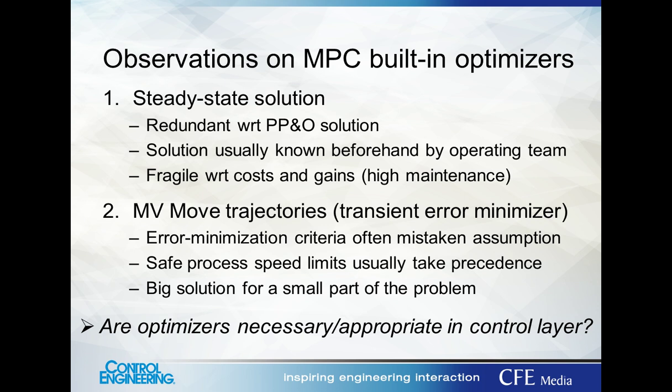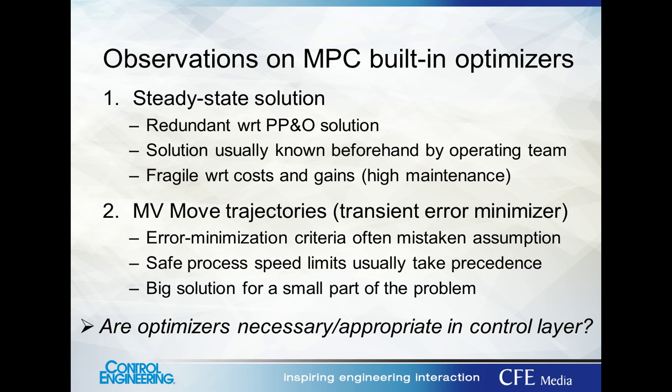So this optimizer appears redundant on a couple scores, even as it contributes to MPC cost and maintenance, second only to model maintenance. The second MPC optimizer maps out MV moves to take the process to the steady-state targets while minimizing error or maximizing profit along the way.